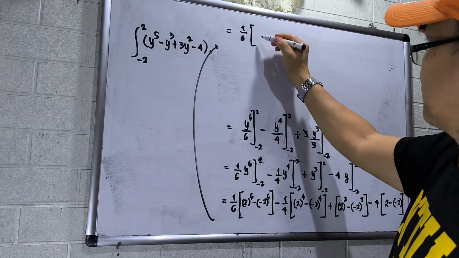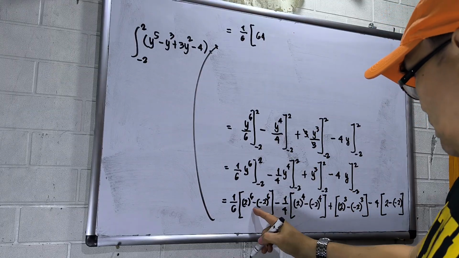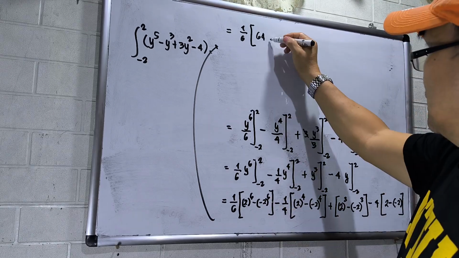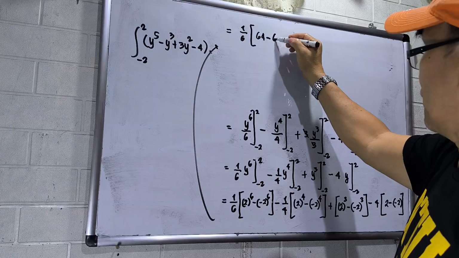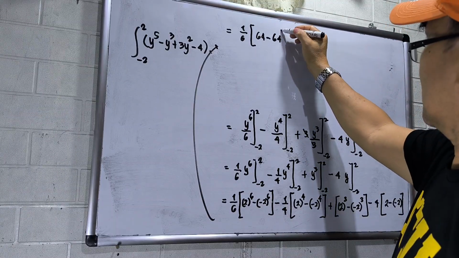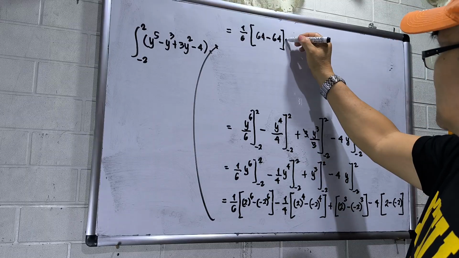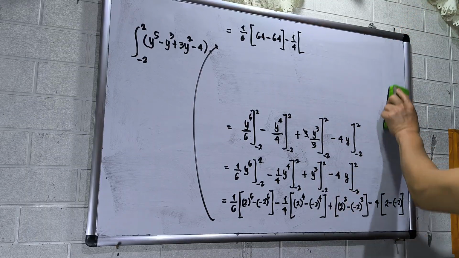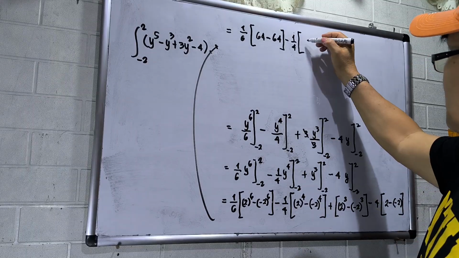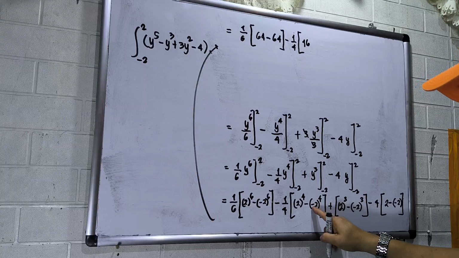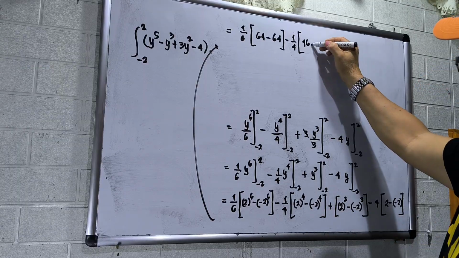So 64. Since the exponent is even, this will be positive. So minus 64. Okay? Then minus 1 over 4. 2 to the 4 is 16, and then this will be minus. Take note, negative, even, it should be positive. So this will be 16 also. Minus 16.